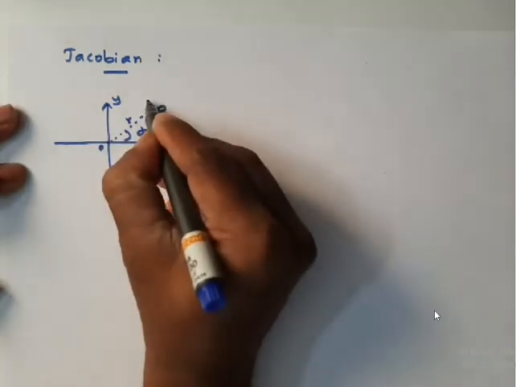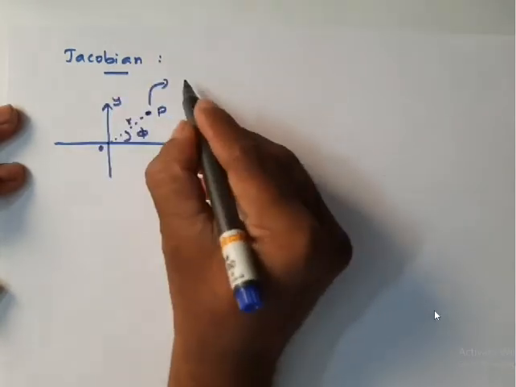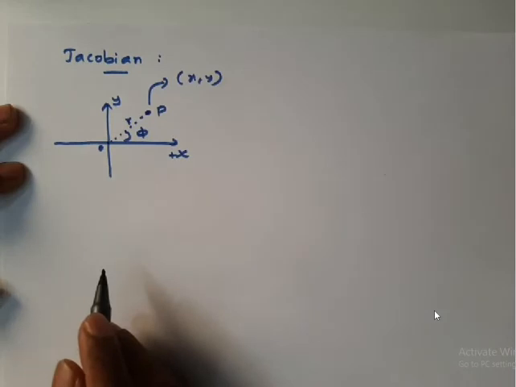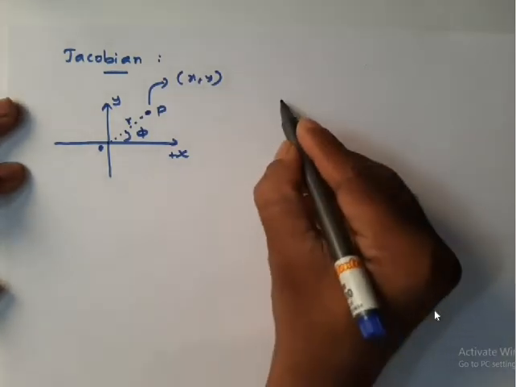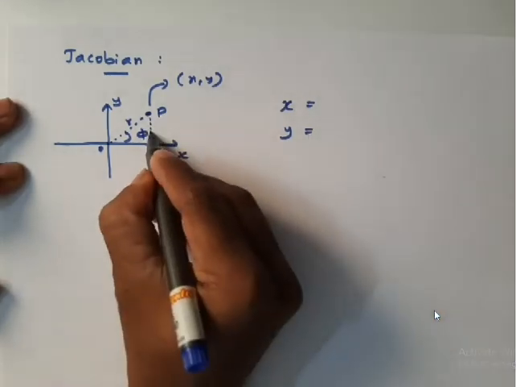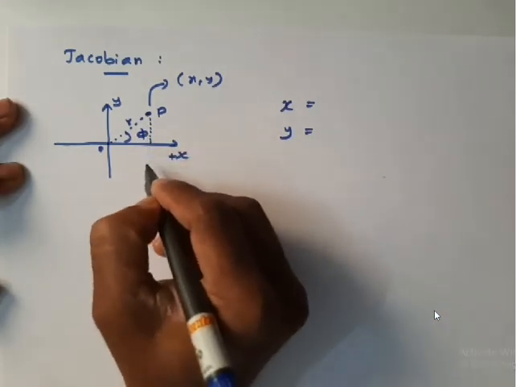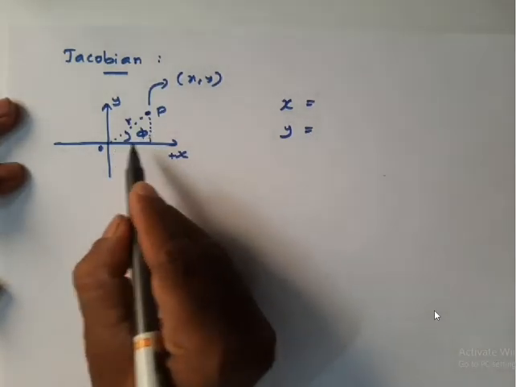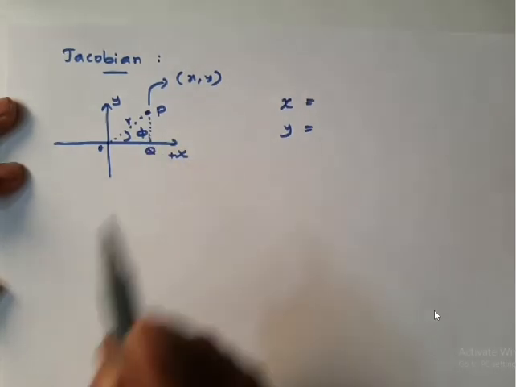The same point you can also represent in Cartesian coordinate as (x, y). Now what is the relationship between x and y? Very simple. You draw a perpendicular line to the plus x-axis. You will get a triangle OPQ.